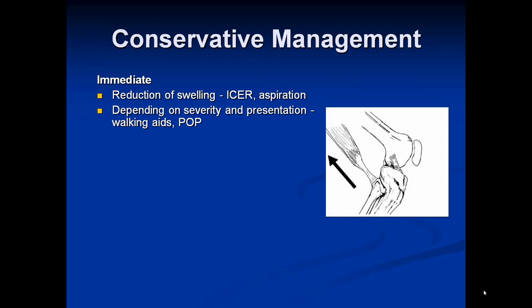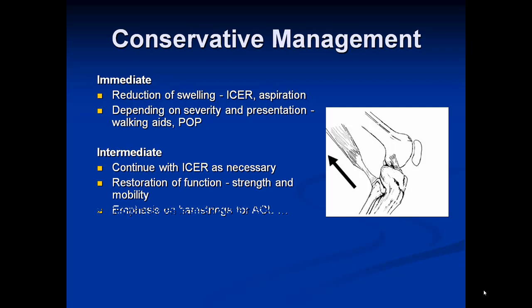How do we manage instability of the knee? Well, there will be immediate reduction of swelling using RICE, but potentially aspiration, although aspiration is less used now because of the risk of infection. It will also depend on the severity and presentation, but walking aids may be appropriate, or plaster of the patient to stabilise the knee further may be appropriate.